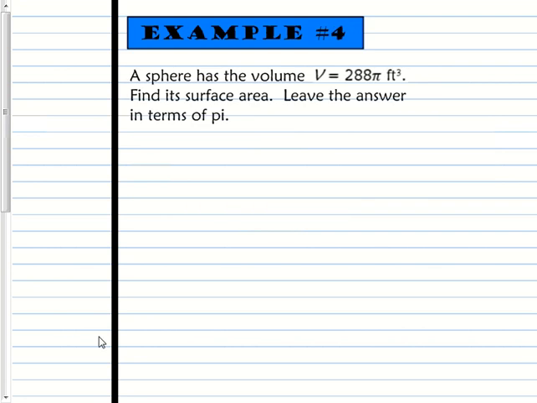Example number 4. A sphere has the volume of 288 pi feet cubed. Find its surface area and leave the answer in terms of pi. Well, in order to find the surface area of something, I need the radius, okay? Because they give me pi, I know I need the radius. I don't have the radius of this one, but I can find the radius because they gave me the volume.